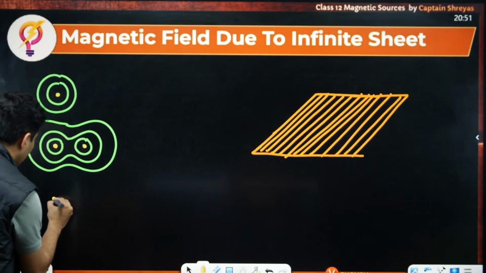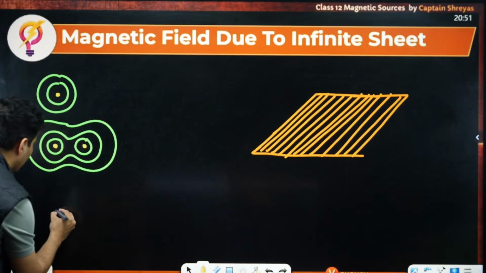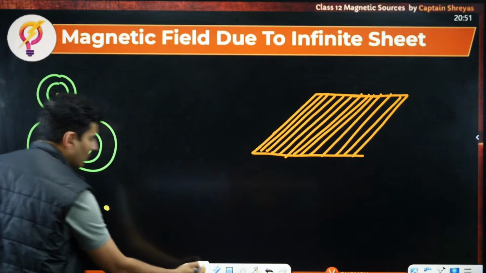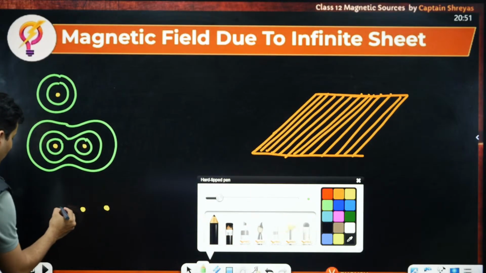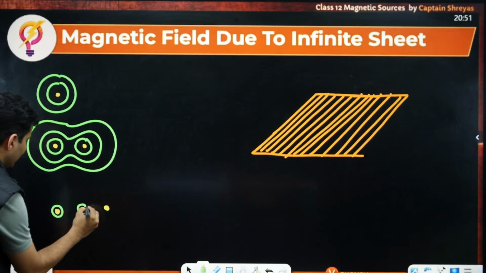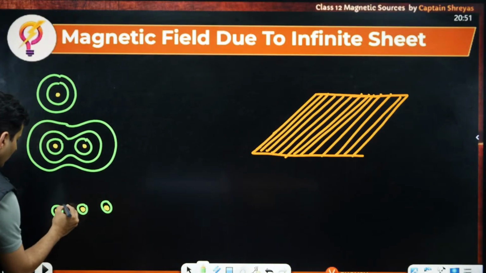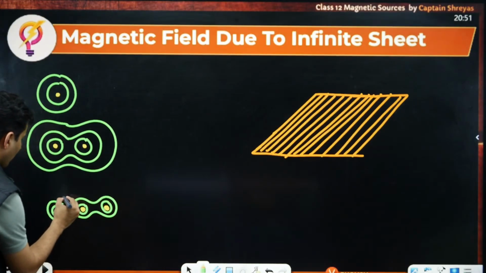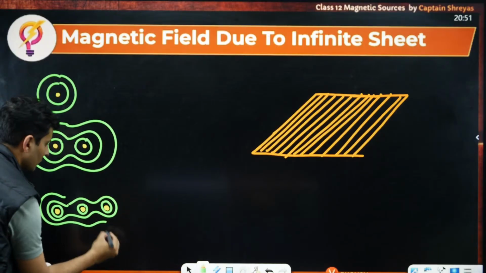Now imagine you have three wires or four wires adjacent to each other. How will the magnetic field lines look? Very close, only that current will affect it, but as you go far away, I think it will be somewhat like this.